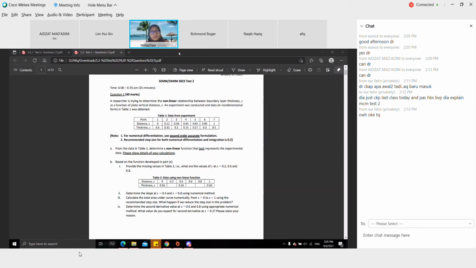So how can you use regression? Go to least squares regression, because your test is open book, not closed book.